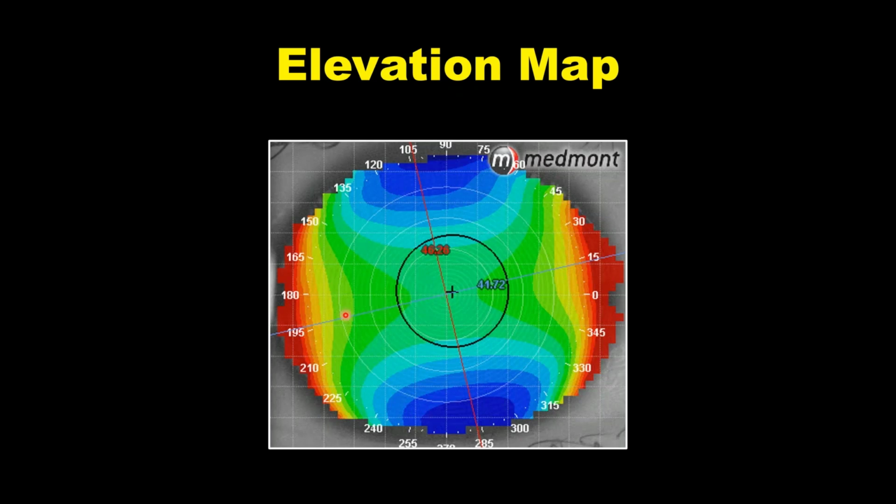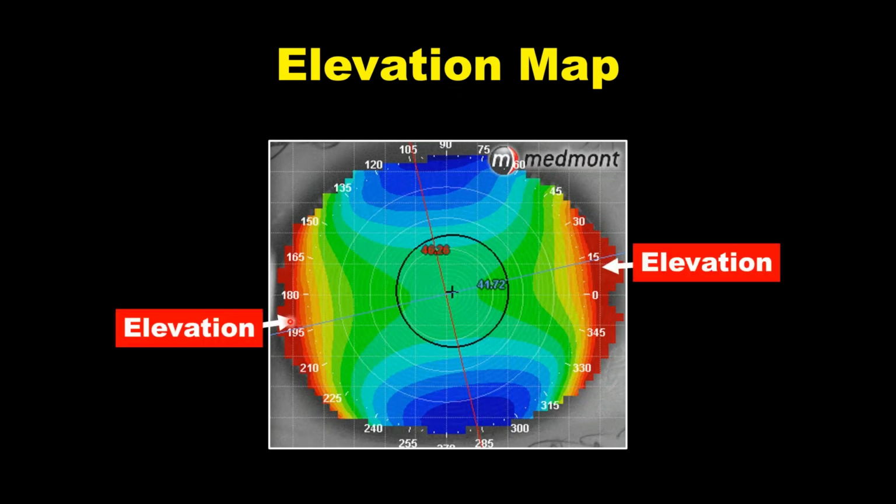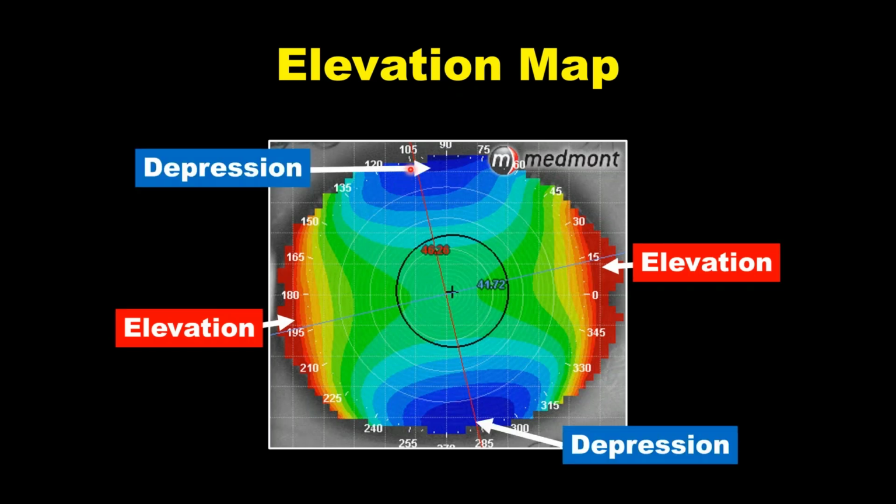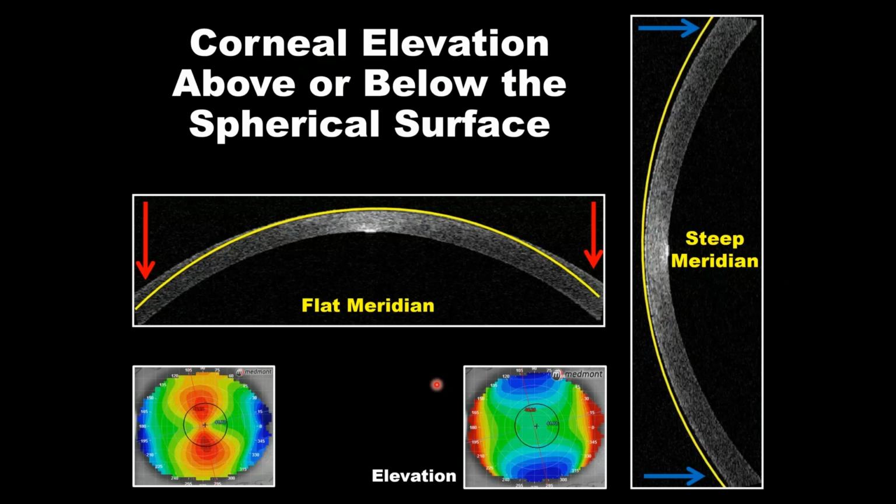And wherever the eye is higher than the elevation sphere, you're going to see red. Wherever the eye is below the elevation sphere, you're going to see blue. So the elevation map is incredibly valuable because it tells you where is a contact lens going to hit the hardest, where is it going to hit the least.